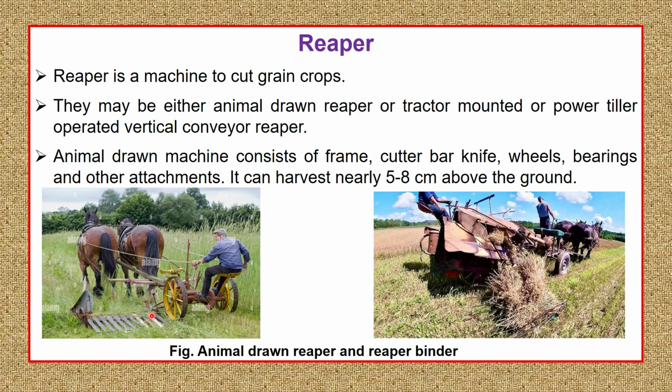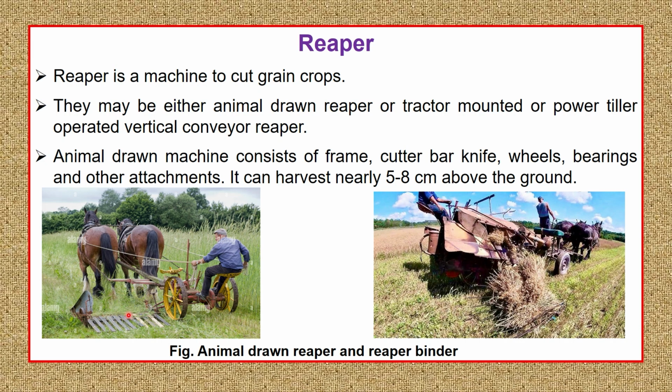The harvested crop will be deposited here to a certain quantity, and as the crop deposited over this platform reaches a certain level, the machine will be stopped and this entire mass of harvested crop will be taken out, and the harvesting machine will begin again. And that's how the animal drawn reaper will work.